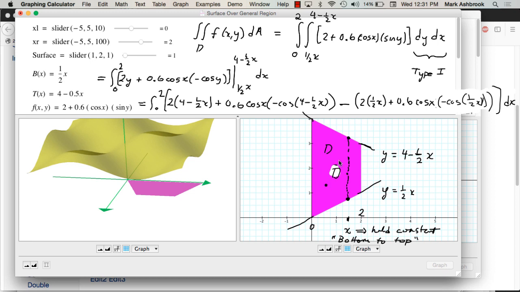So type 2 would be dx dy. X is our left to right variable. So what's the left side? X equals 0. What's the right side? 2y.